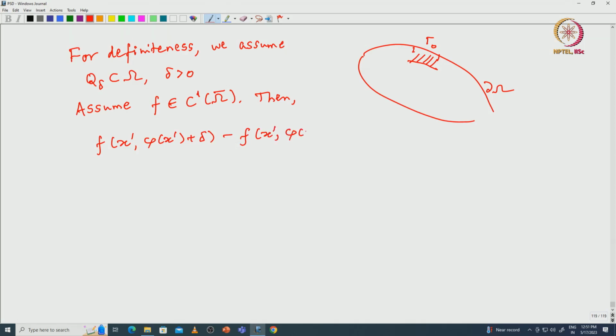f of x prime, delta minus f of x prime, 0 is equal to the integral of del f by del x n of x prime, x n, the same thing what we did while discussing the trace.